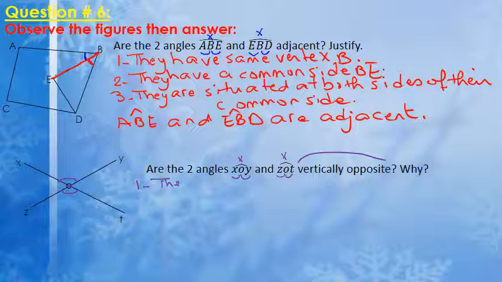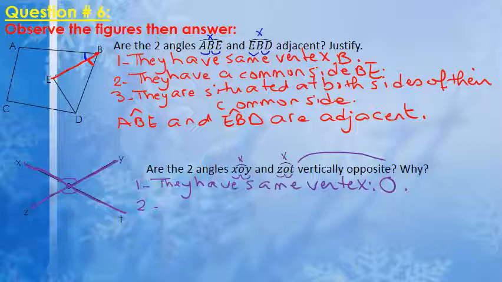So we write they have the same vertex, which is O. The second condition: this is the first angle, XOY. How did we get ZOT? We elongated, or continued, XO to have OT, and we continued YO to have OZ.